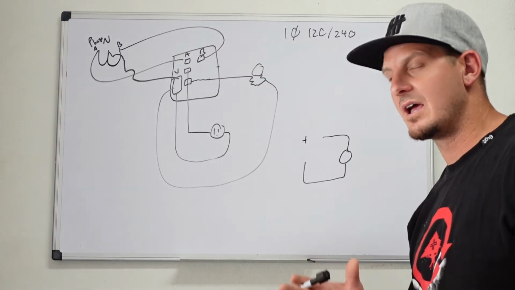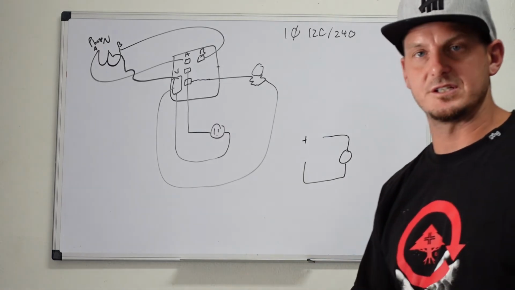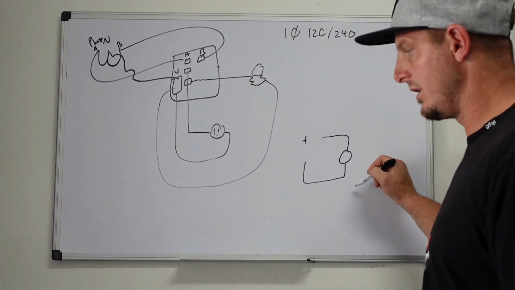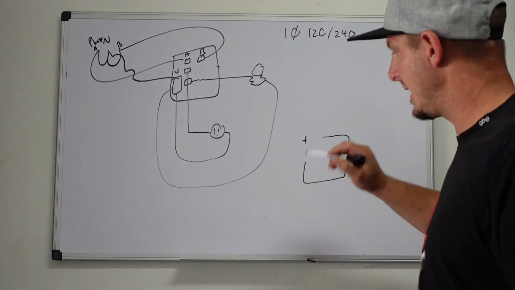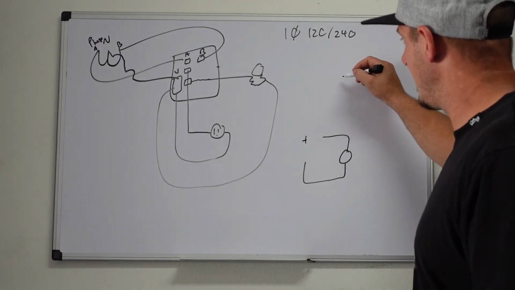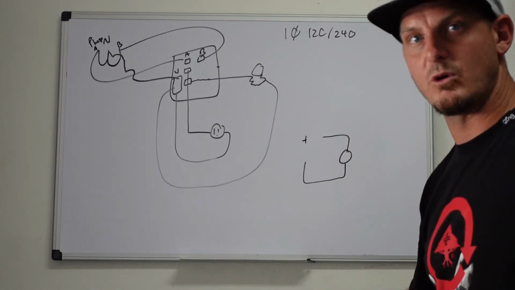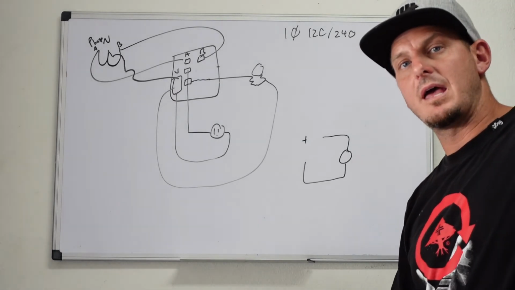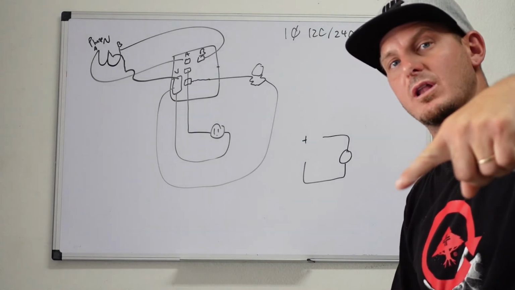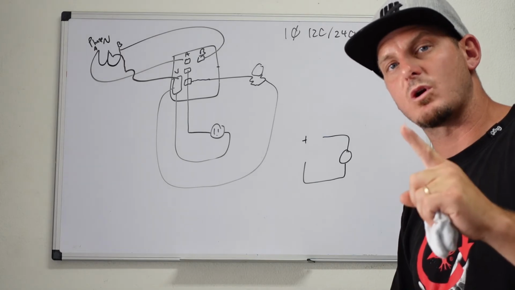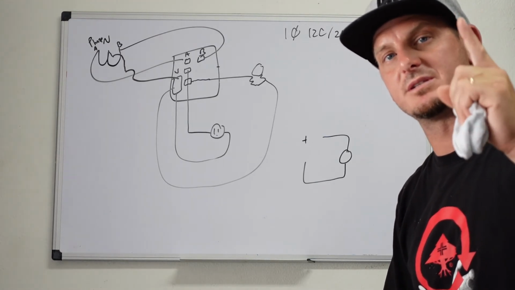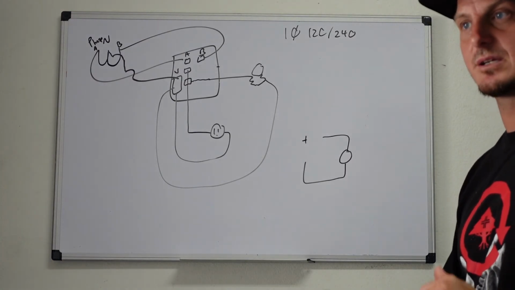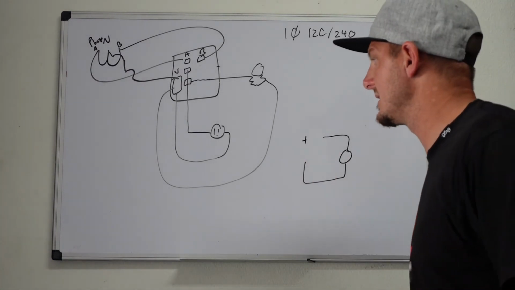Kind of confusing, but the difference is a series is one path from A to B, one load, right? That's it. A parallel is more than one path, more than one load. Now you can have a system wired in parallel, but if only one of those loads is working, it then has become a series circuit because you only have one load. Kind of confusing, but planting a seed, eventually it will make sense.